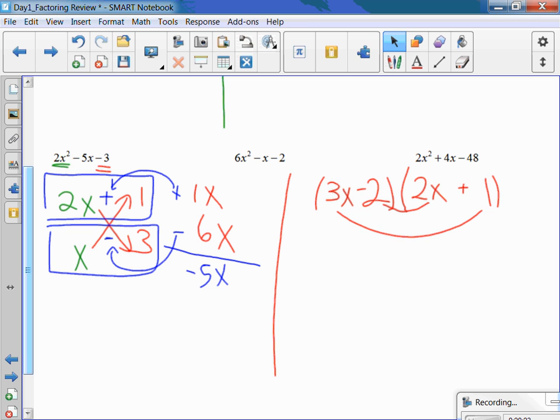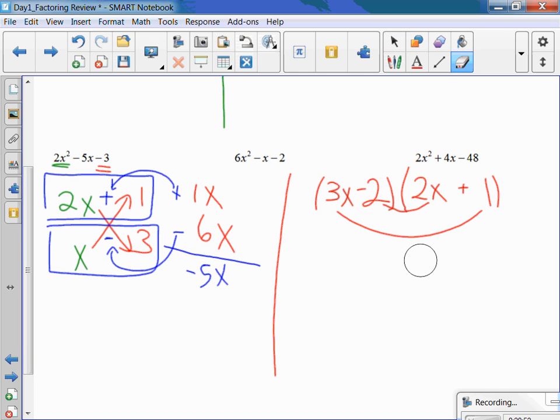What about this next one? 2x squared plus 4x minus 48. How should I attack that?